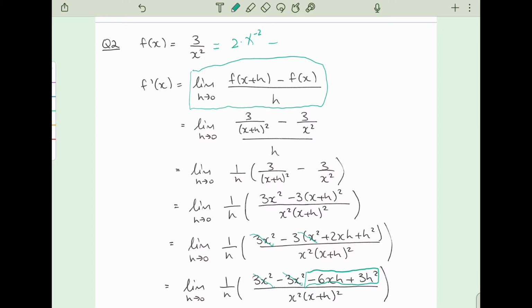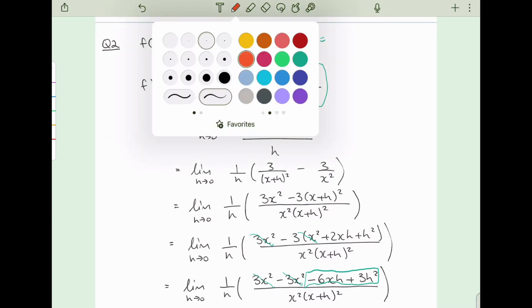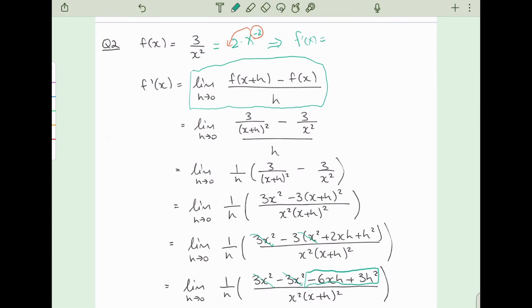Now by the power rule, we pull that exponent to the front to become the coefficient, and the new exponent is the previous exponent minus 1, so negative 2 comes out here. Oh, sorry, this is 3, not 2.